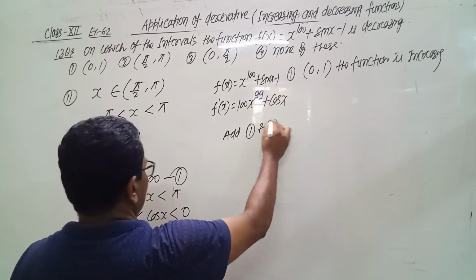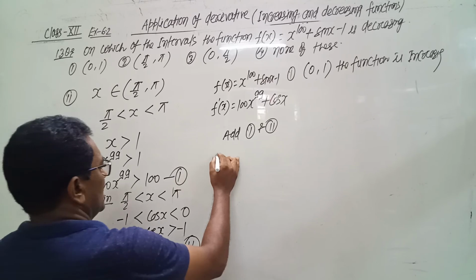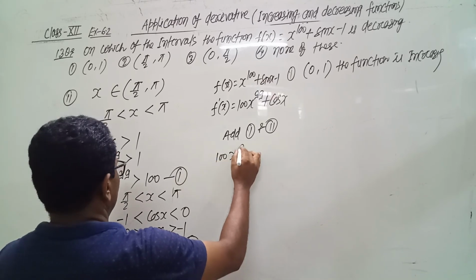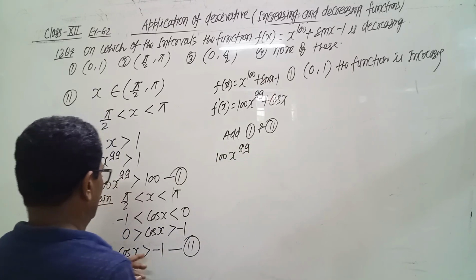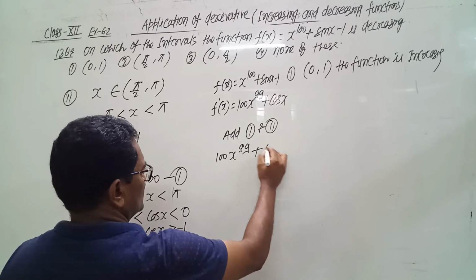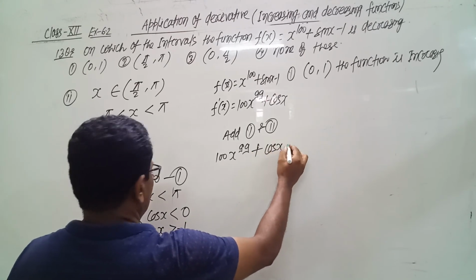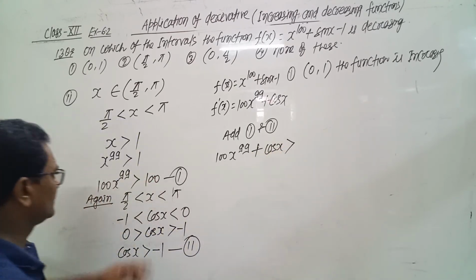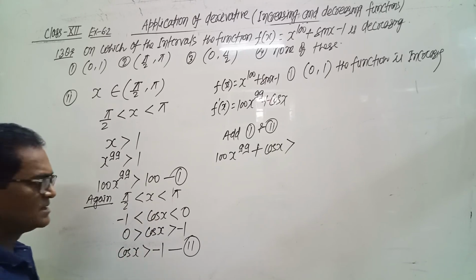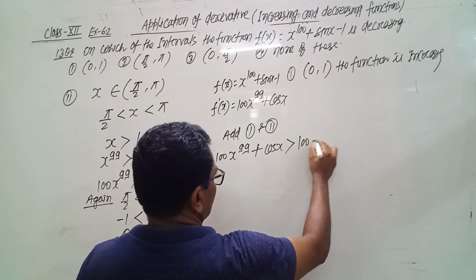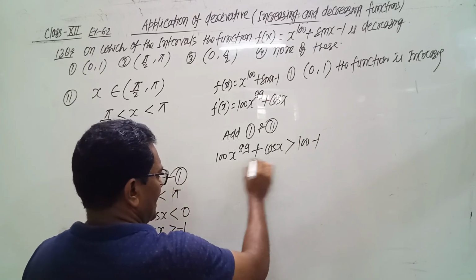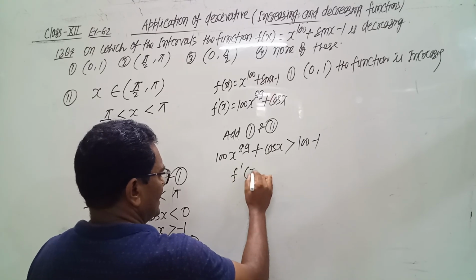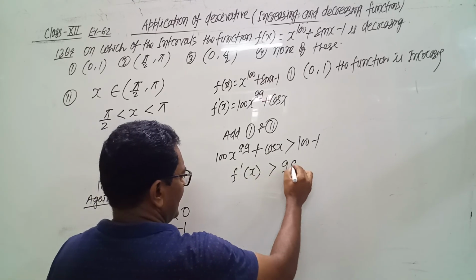Add first and second. So we get 100 into x raised to the power 99 plus cos x is greater than 100 minus 1, and in place of this we can write f dash x is greater than 99.